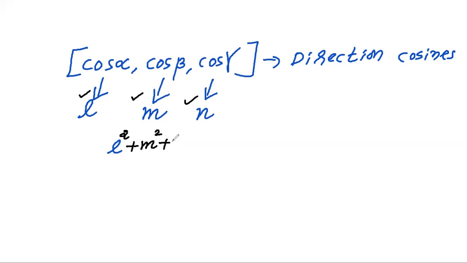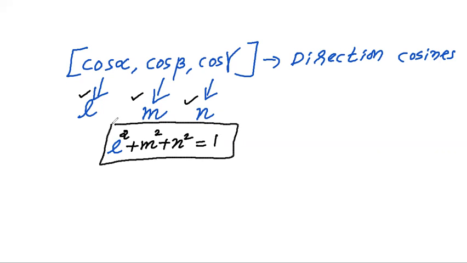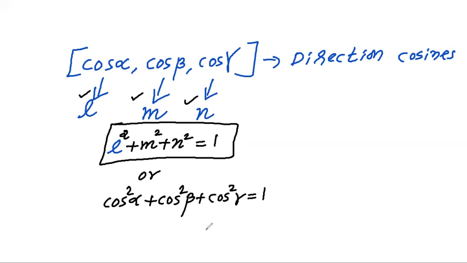When you add them after squaring, you get 1. So L square plus M square plus N square is equal to 1, or you can write it as cos square alpha plus cos square beta plus cos square gamma equal to 1. I hope it's clear and you are okay with the concept of direction cosines.